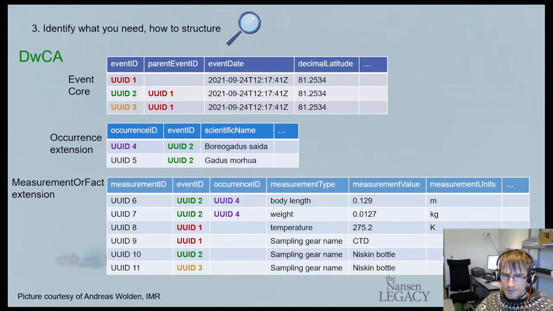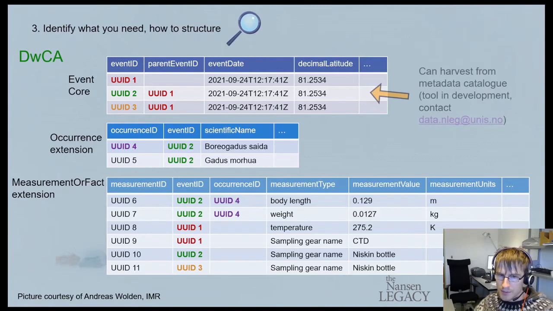Again, I can see that this might seem a bit daunting, creating these 3 separate files and making them relate to each other, but I can help with this. Everything you need to include in your event log has actually already been included in the sampling logs. And this is now available in the metadata catalog on SciOS.